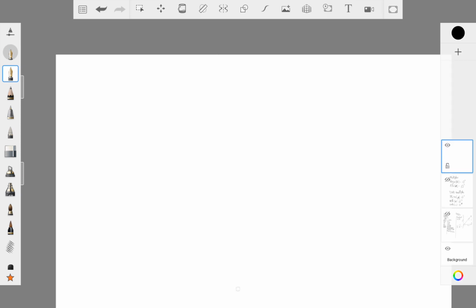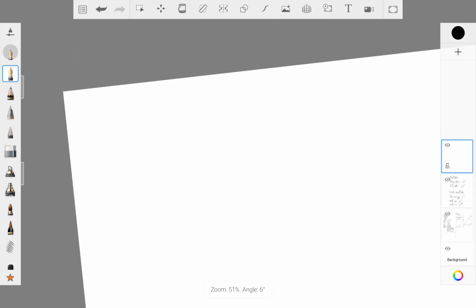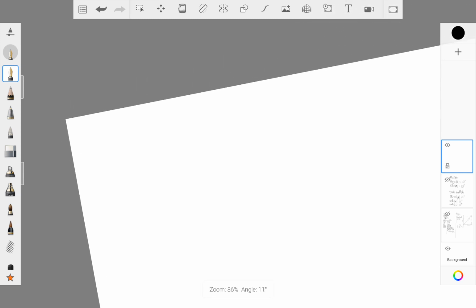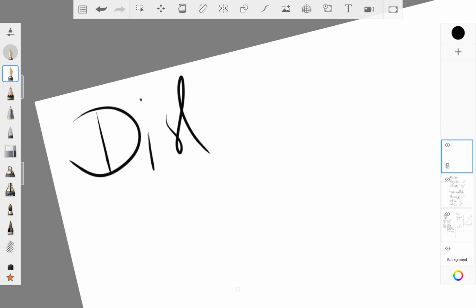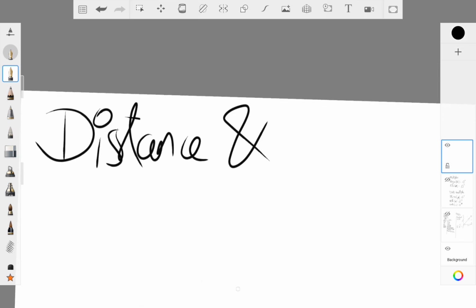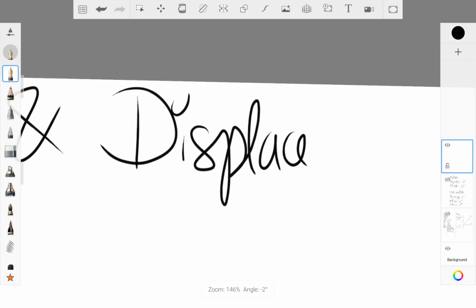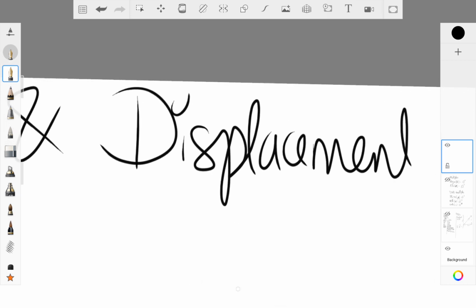Now we come to the second topic in general physics, which is motion. Before we even begin with what's in the syllabus, I would like to explain the difference between distance and displacement, because they are far from the same thing.